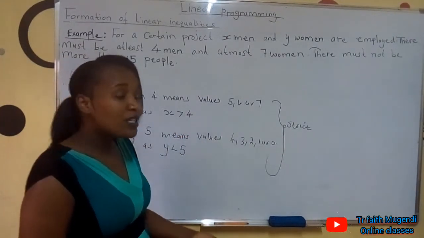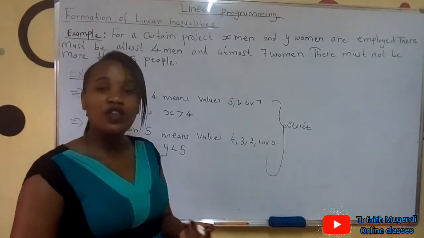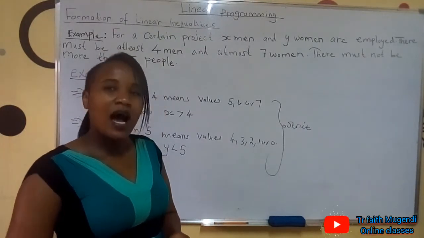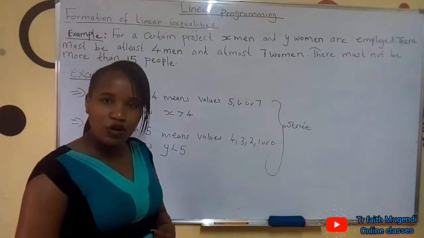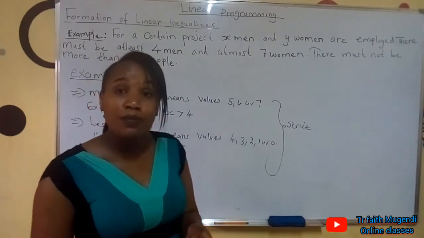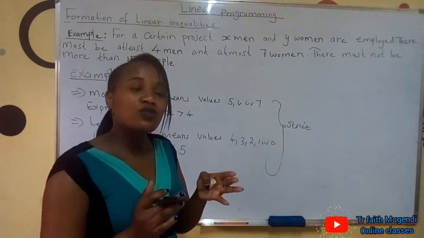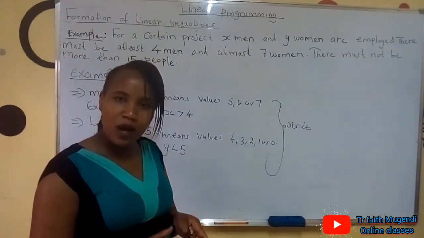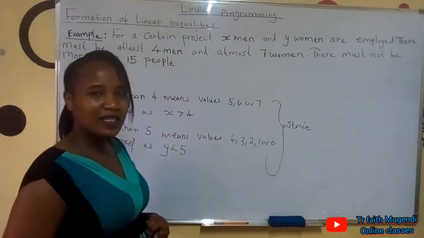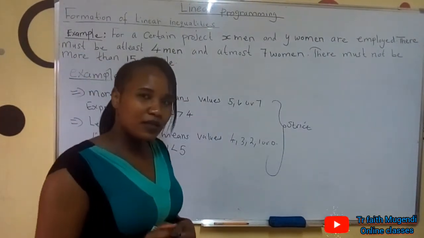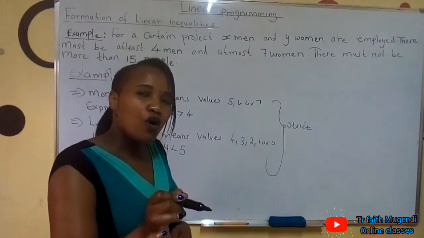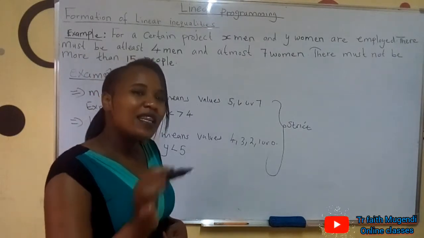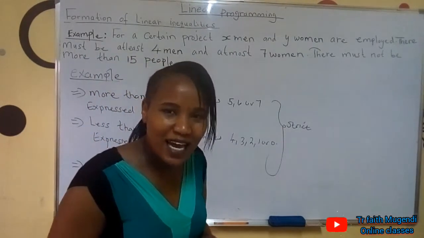It is upon the student or the tutor to use common sense to know that this information is implied. For example, when you're dealing with human beings, production of items, and problems involving commercial issues, we are supposed to state the number of items that have been formed, the number of employees to be employed. So common sense says that the number of human beings, the number of items produced by a company, or the amount in shillings can never be negative.